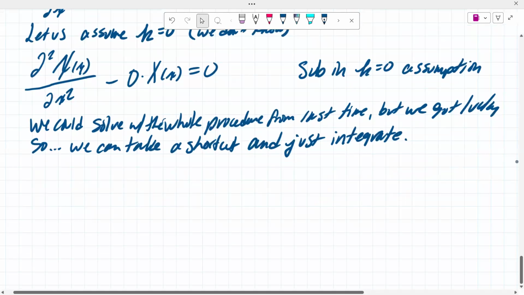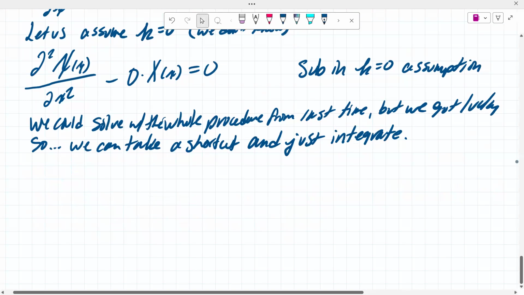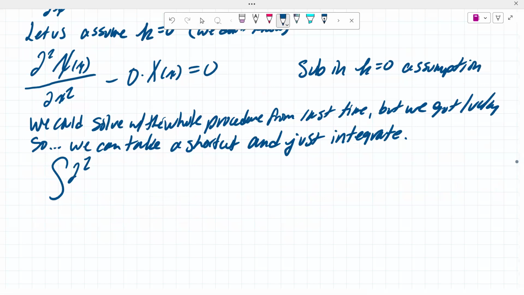All right, so what I'm going to do is this: the integral of d squared X of x over dx squared equals, right, this all cancels out, should be fairly obvious at this point.